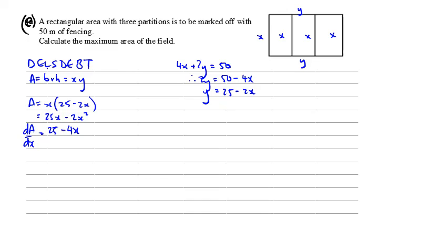Now we solve that. Maximum area implies that dA by dx equals 0. So 25 minus 4x equals 0, so 25 is 4x. Divide both sides by 4 and you get x is 6.25.